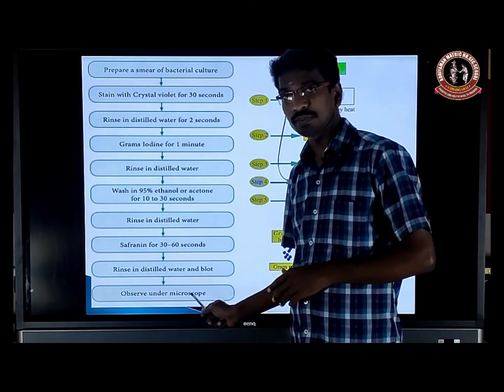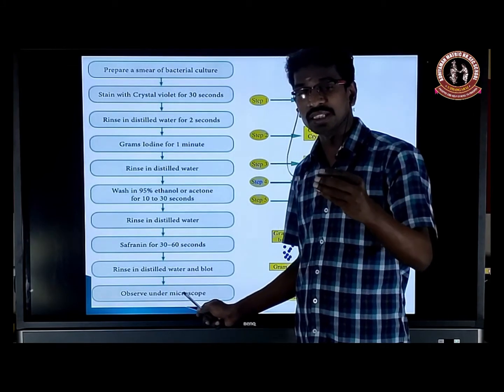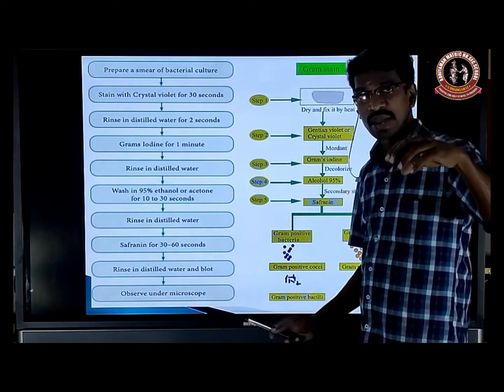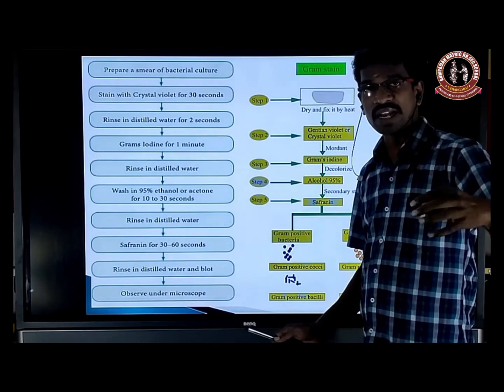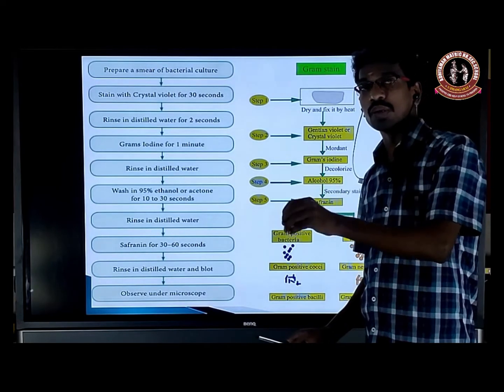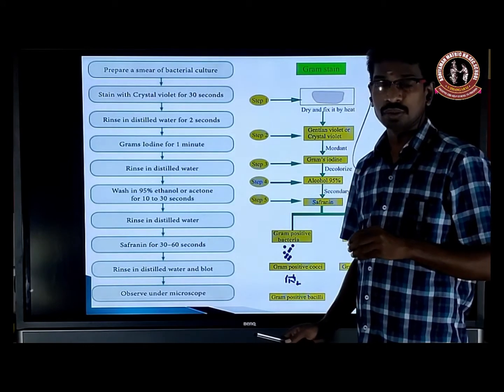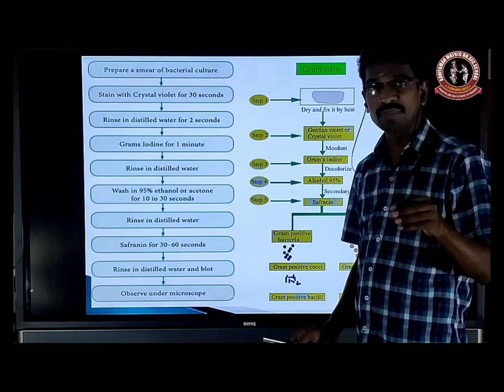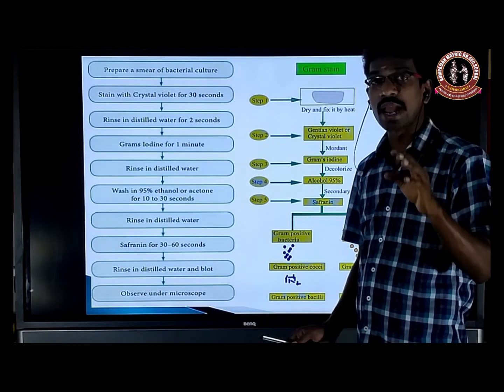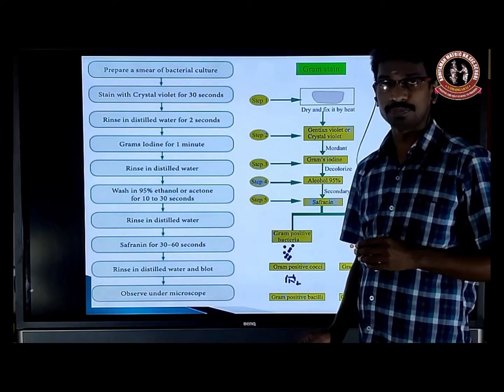We can clearly see that some bacteria look violet in color and some bacteria look red in color. Those bacteria that look violet mean these bacteria are gram positive.